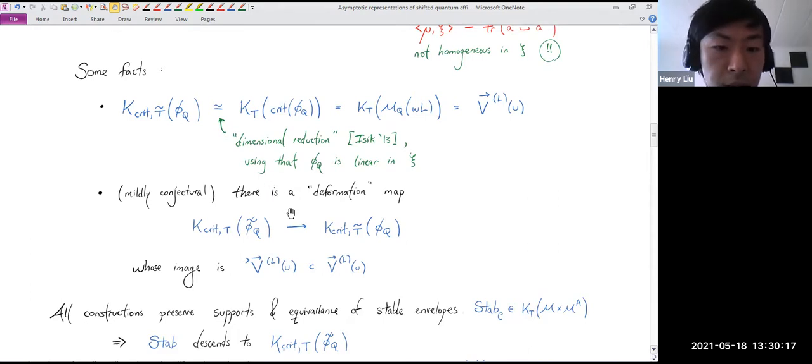But if we take the image of this map, the expectation is that we'll get exactly this module of length L descending flags sitting inside the L-fold tensor product. You can check this explicitly in the SL2 case. More generally, this is still mildly conjectural.